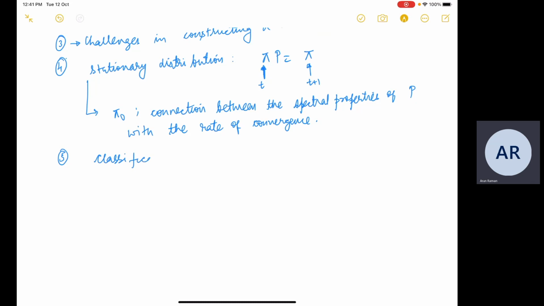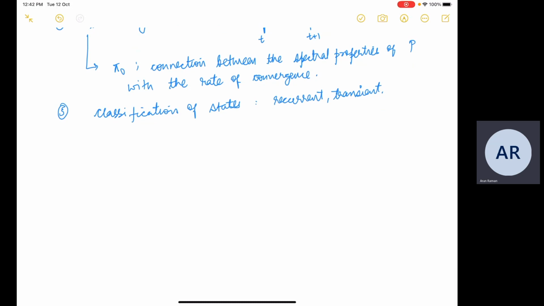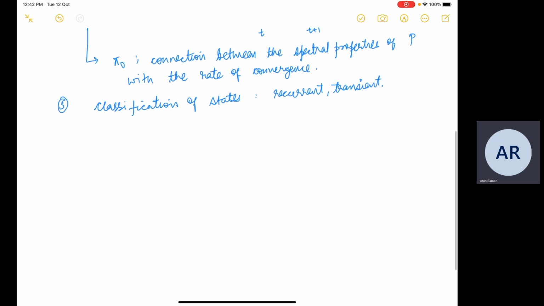Then in the last lecture, through examples we looked at classification of states. We paid particular attention to the recurrent and transient states. There are several other classifications also, but we did not discuss them. It is there in the textbooks. You can just look it up. Then in the last lecture, we did some math and some analysis here and there.